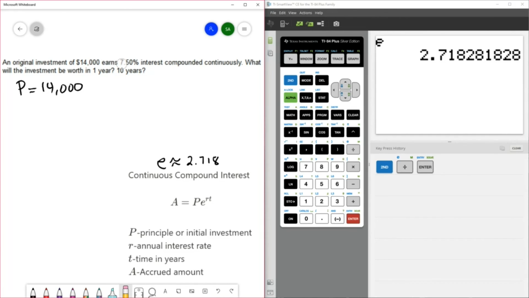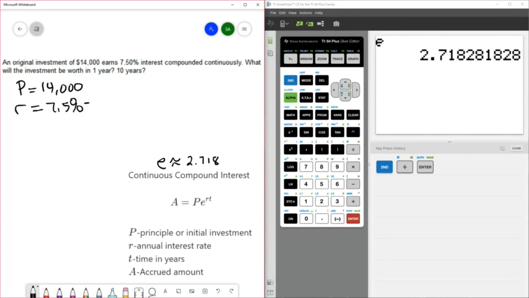If I continue on, this investment earns interest at 7.5% compounded continuously. This 7.5% refers to R, the interest rate. So R is 7.5%. In our formula, we don't use this value in percentage form.